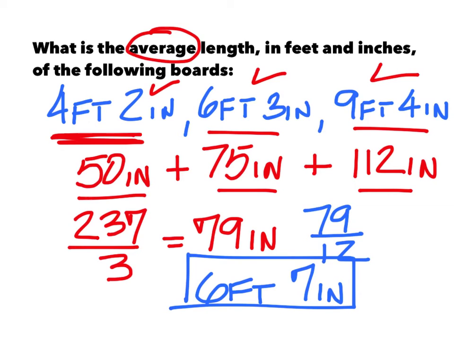What did we do to figure out the first set of numbers? These numbers here, multiply the feet by 12 and then add the inches. So that would be 4 times 12 is 48, plus 2 is 50. Yes? How did you get the 72?